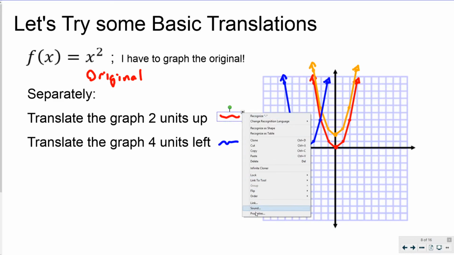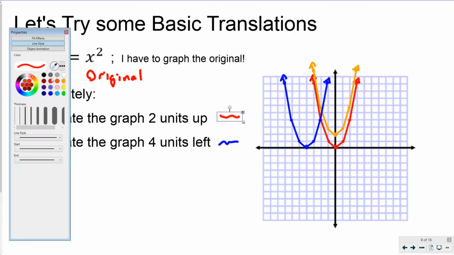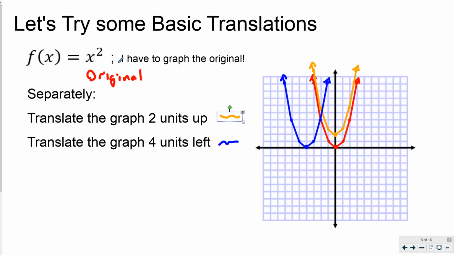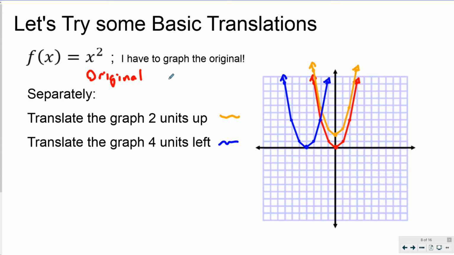We'll change the color with properties. Change it to orange to match. You can see that the original is this color, and these are the different types of translation. I've moved it up, I've moved it to the left.